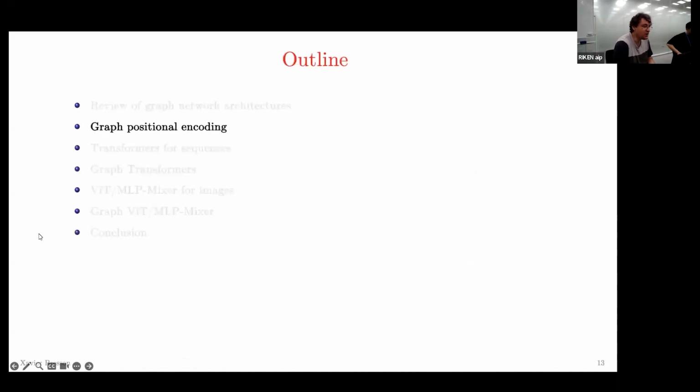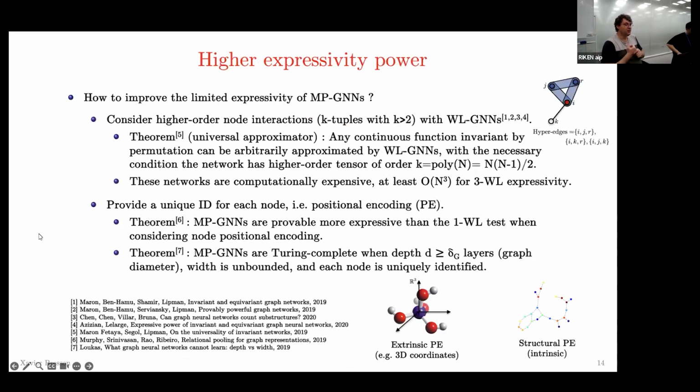Anyway, so the question is still back to, okay, the original message passing GNNs like GCN, GAT, basically they are limited in expressivity. So how do we improve expressivity? As I said, this WL-GNN is theoretically one way to do that. The other way, which is something that I pushed a lot in the community, is this: the problem of an arbitrary graph is that there is no notion of node ordering.